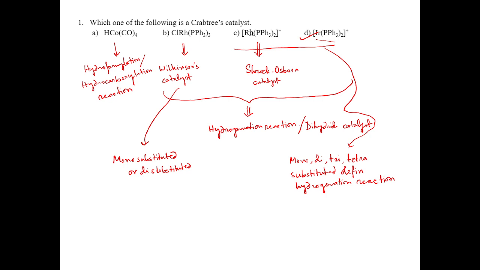So these catalysts can do hydrogenation reaction in olefins where mono, di, tri, tetra substituents are present. And also, if you want to synthesize a stereoselective hydrogenation product, then these two catalysts act very well.